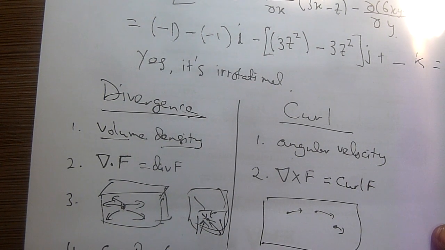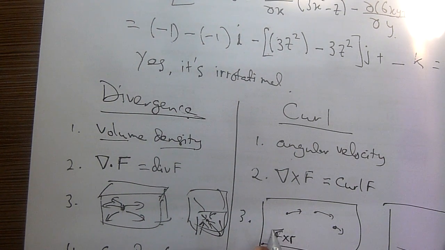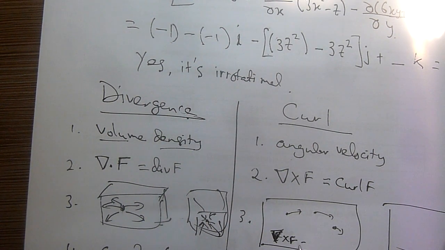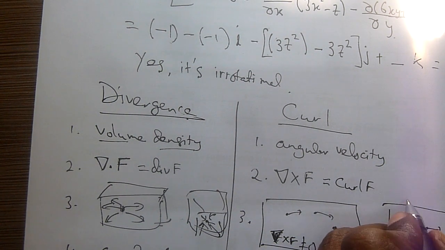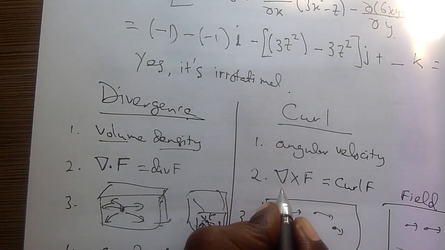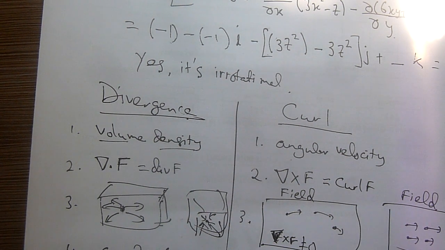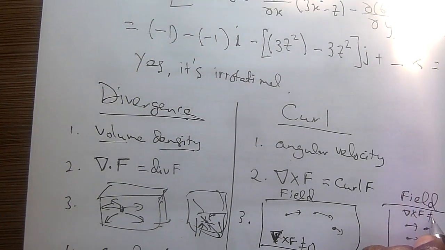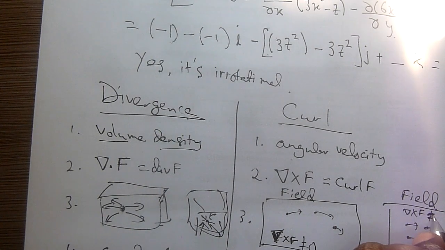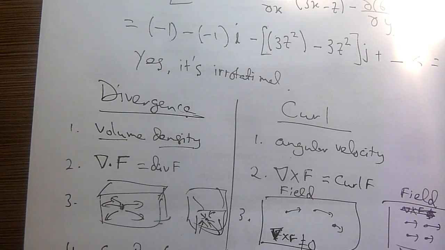Here this one is number 3. Remember this: for del times f not equal to 0, the field is rotational. If it is irrotational, then del times f equals 0.